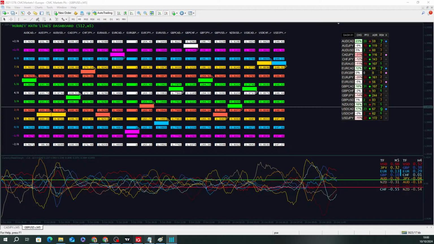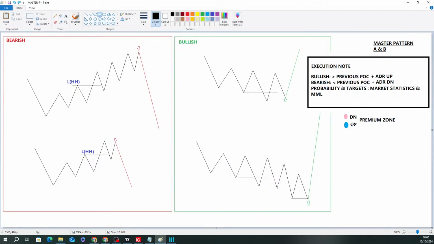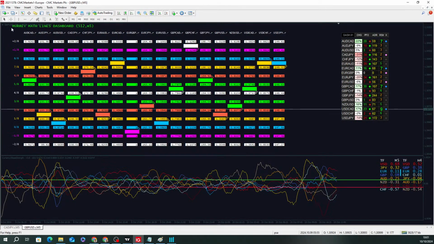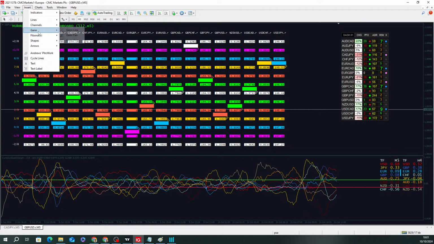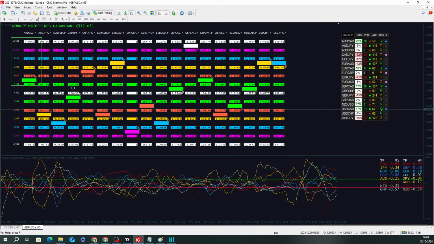The idea is to find up and down pairs that are trading in the premium zone. What I mean by that is this: anything above the 5 of 8 shapes, anything here, is what we're interested in.